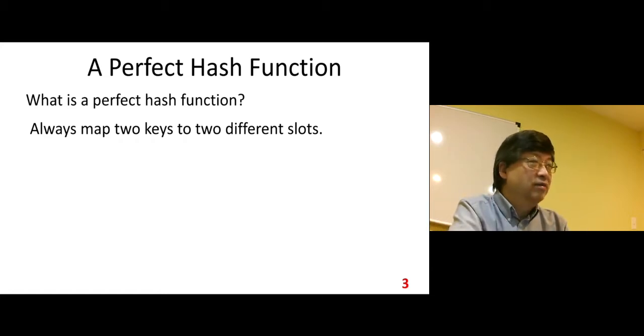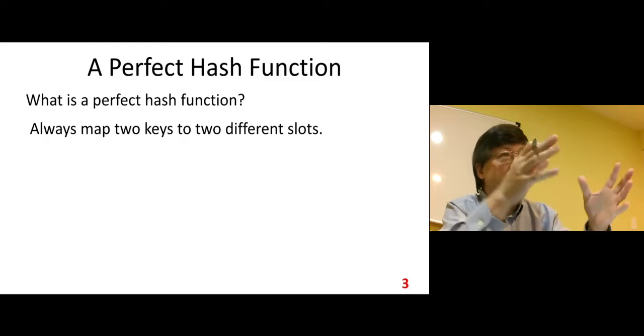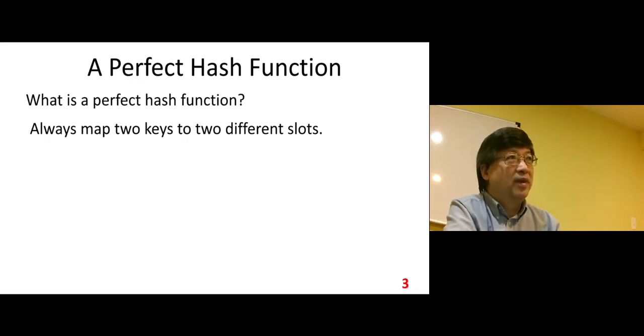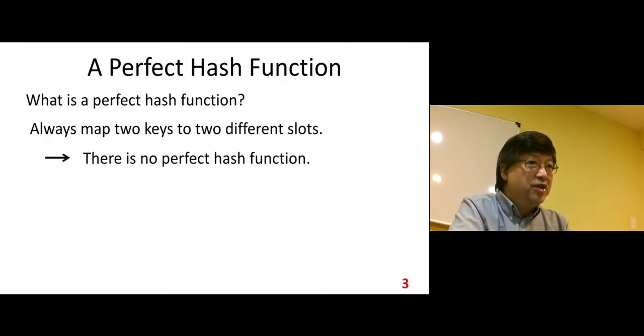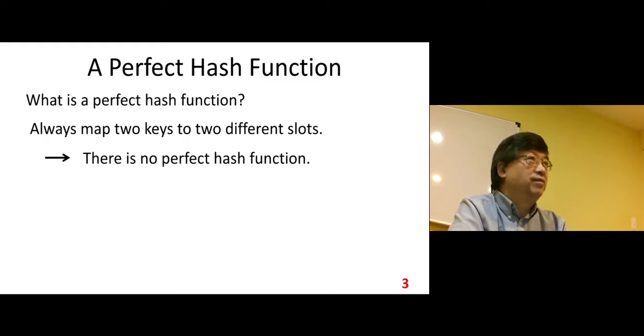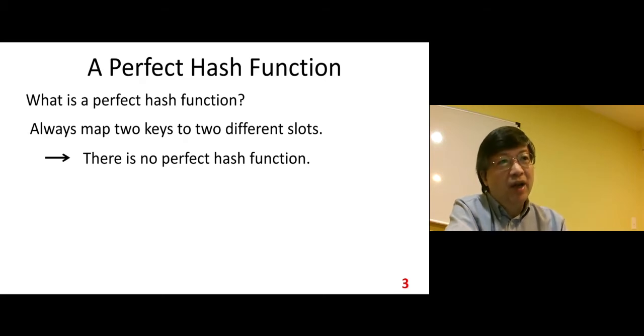No matter what keys you pass into the hash function, you can always get that. That's impossible. Nobody can design such a hash function. So that means there is no perfect hash function. It does not exist.